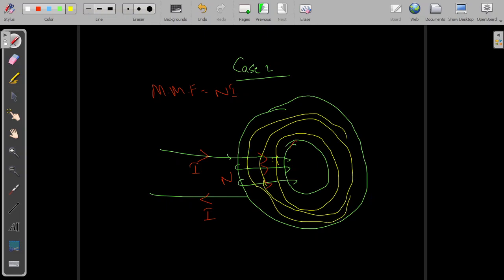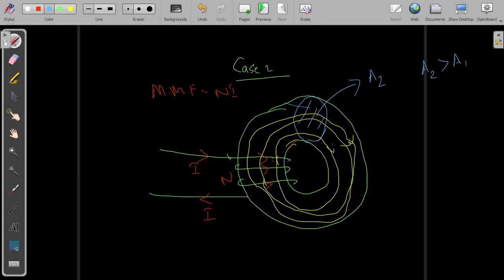So what you can observe from case 1 to case 2 is that in case 2 we have considered a toroid of cross sectional area A2, so that A2 is greater than A1.